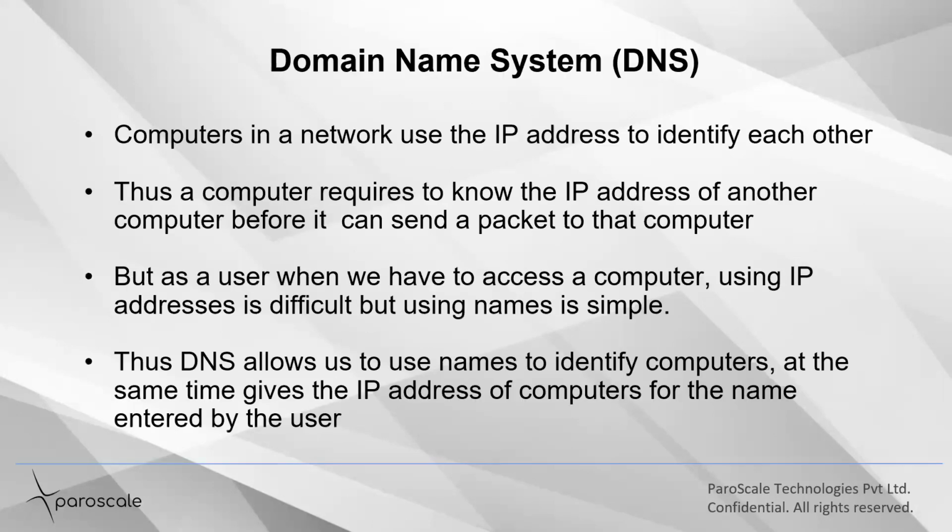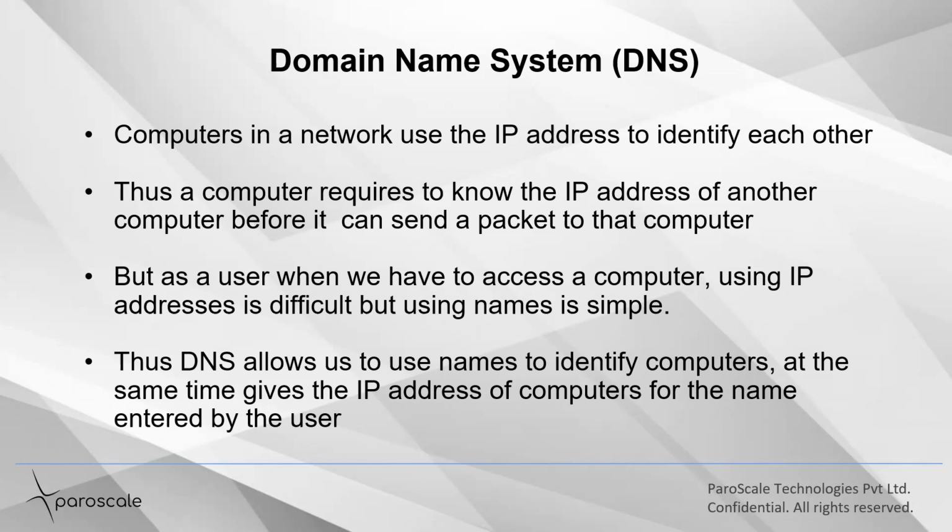So, DNS is the domain name system. Mostly when our computer is in a network, it uses IP to communicate with others. So to send a packet to another computer, a computer needs to know the IP address. From a computer's perspective, using an IP address is simple, but for a human or a user, it is difficult to remember the IP.